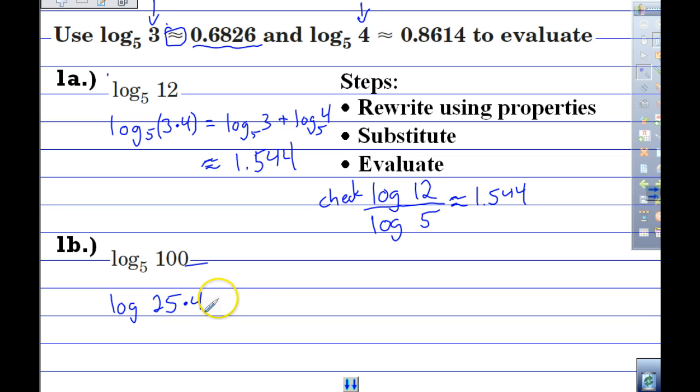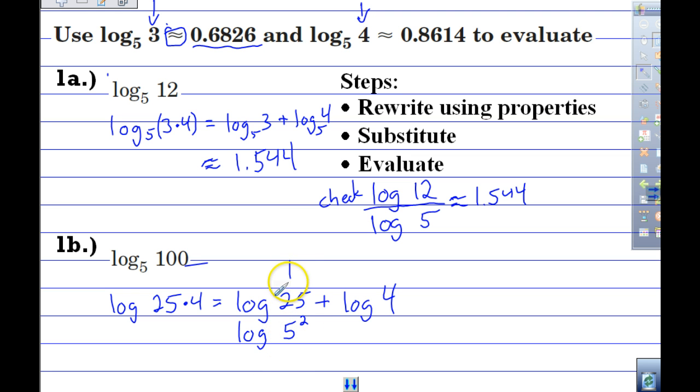And I know multiplication. Okay, so we're doing the same rule as we did before. Log of 25 plus the log of 4. Okay, so I know I have 4, so I know that decimal. This is going to be 0.8614. What about this? This isn't a 4 and it's not a 3, but what it is, it's 5 squared.